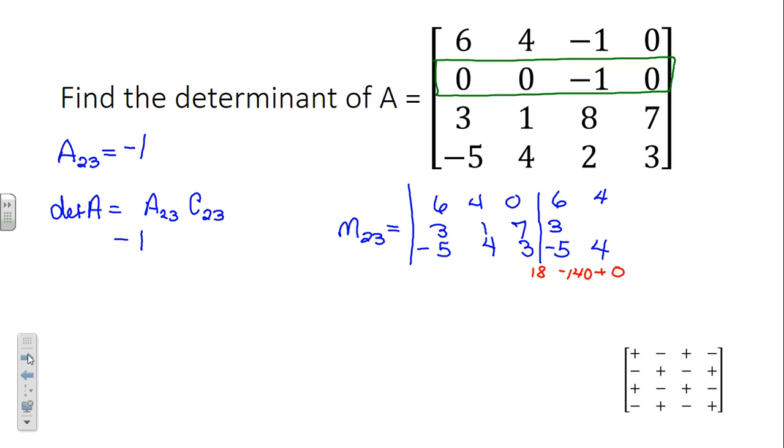Very good. Everybody get 18, -140, and 0? Okay. Now we do our upward diagonals, and we have to remember to change the sign, right? But you get 0, -108, and -36.